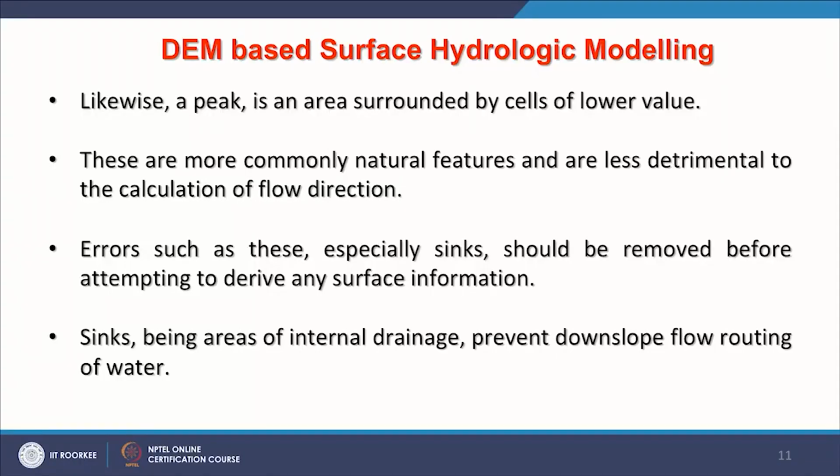If it just becomes stagnated in one cell, then it becomes a problem. So, sinks may be areas of internal drainage, like I have said in the case of limestone terrain, or can prevent the downslope flow routing of water.